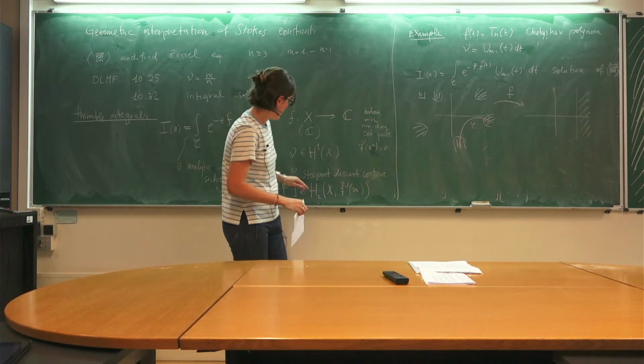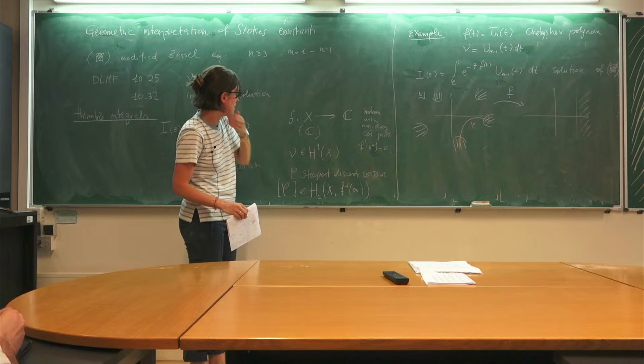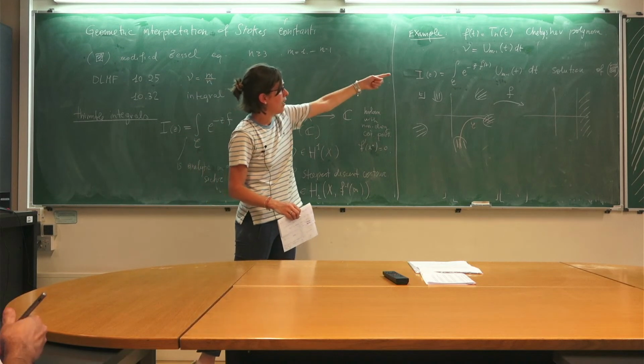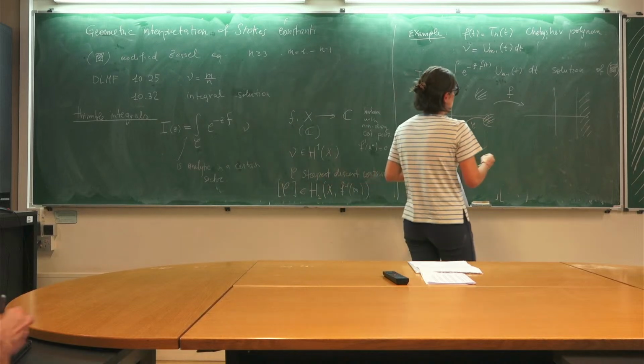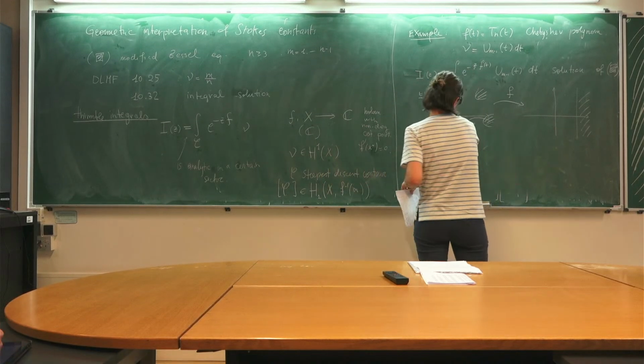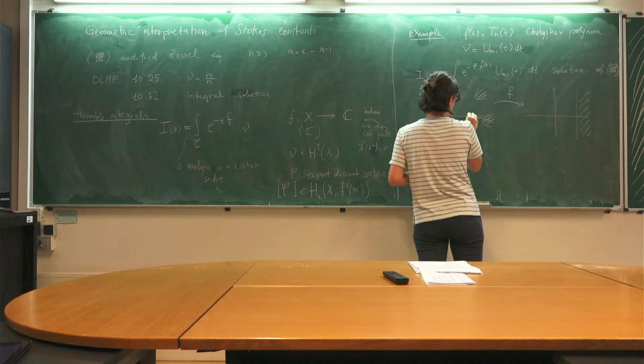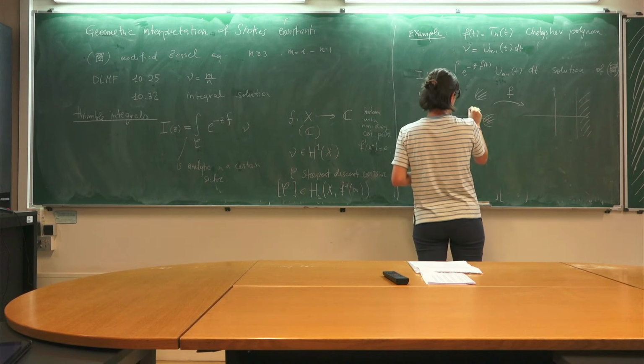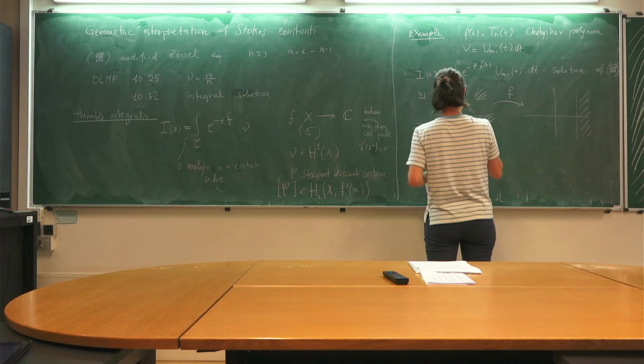There is also something that is typically required, that the C, in fact, passes through a critical point of F. So at least I can assume this is a critical point for F, so let's call it x1.